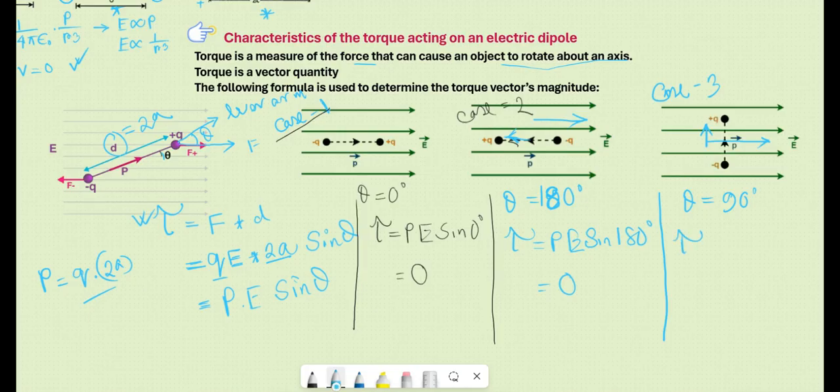It means the torque, the value of tau, is equal to PE sine 90 degrees. So we could find the value of PE. So when the electric field is perpendicular to the electric dipole moment, then we'll find the maximum torque.